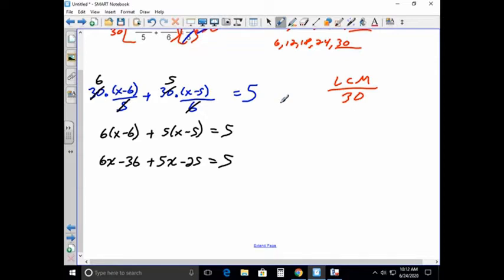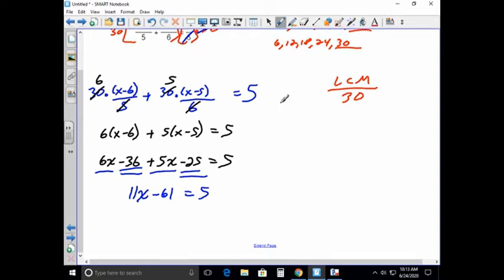But before we do that, let's simplify. On the left side, we have 6x and 5 more x's, so we have 11x. We have negative 36 and minus 25. If we rearrange that, put those together, that makes minus 61. And we still have our 5 on the other side.